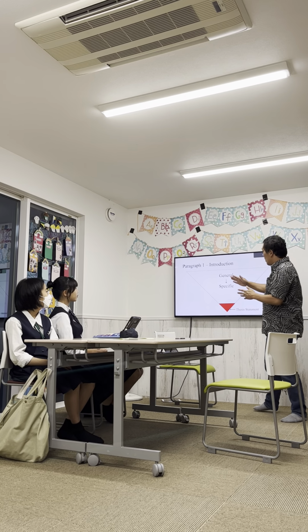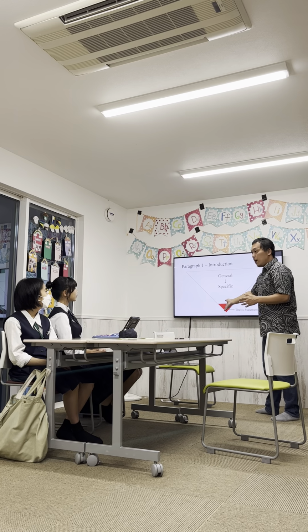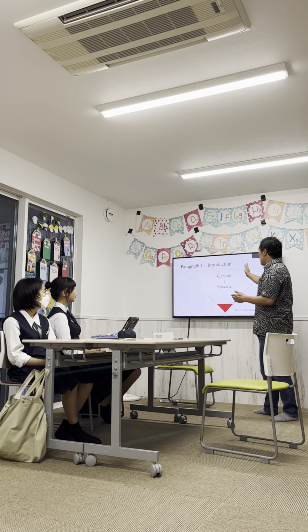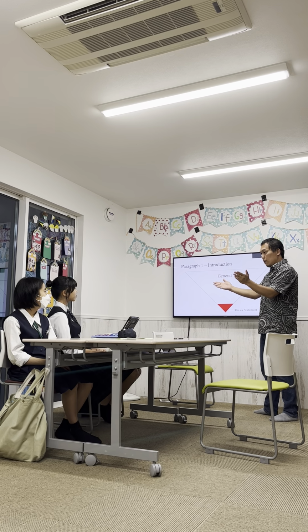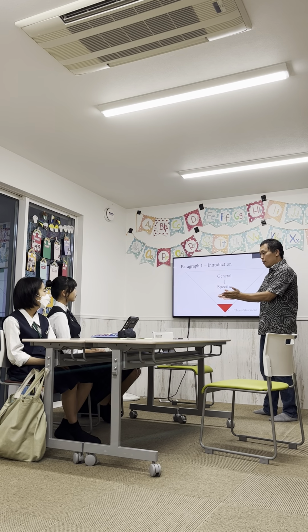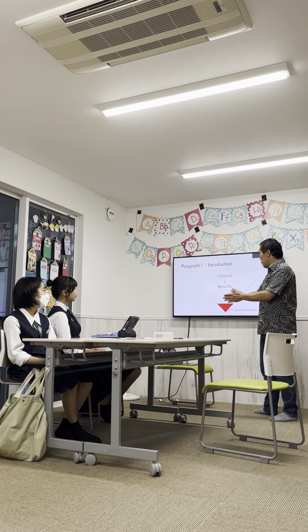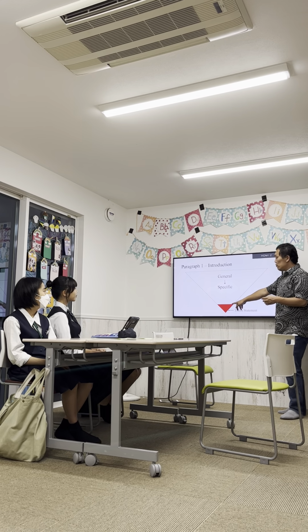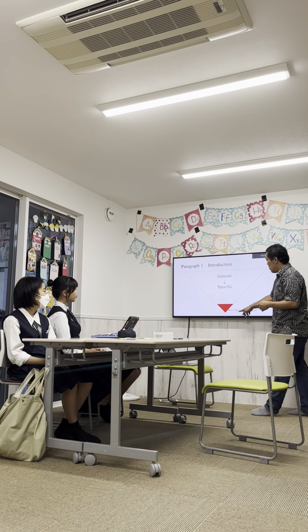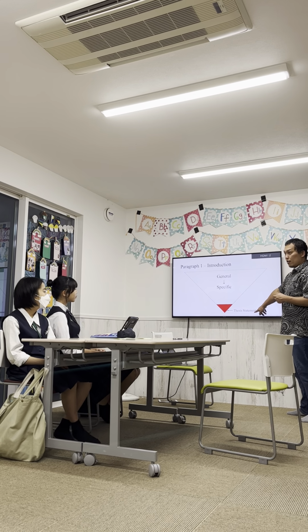Okay, so that's the upside down pyramid. You start very general, very wide, and try to focus on what you really want to say in your paper. Okay, the end of your introduction is what we call the thesis statement.